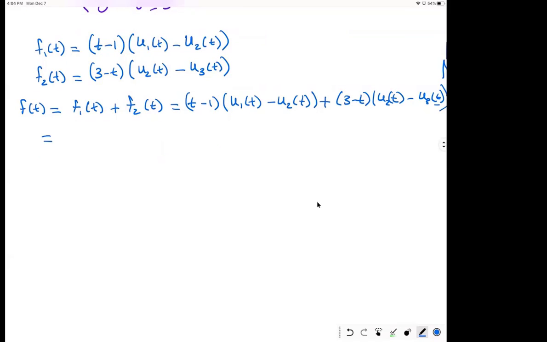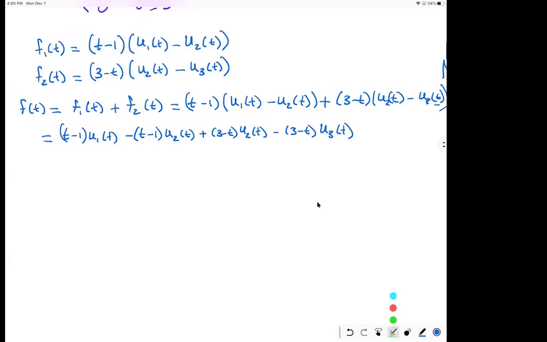And that's equal to, so t minus 1 times u1 of t minus t minus 1 times u2 of t. So I'm just distributing that t minus 1 to both terms. And then I'll do the same thing with the 3 minus t. So plus 3 minus t times u2 of t minus 3 minus t times u3 of t.